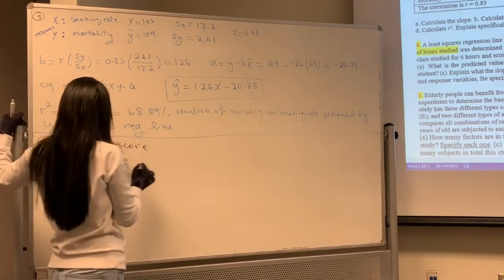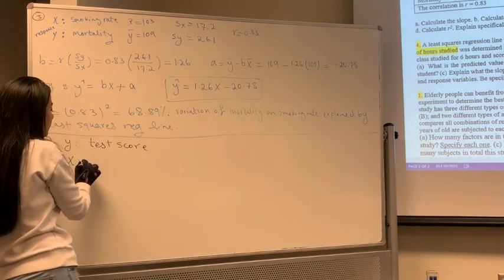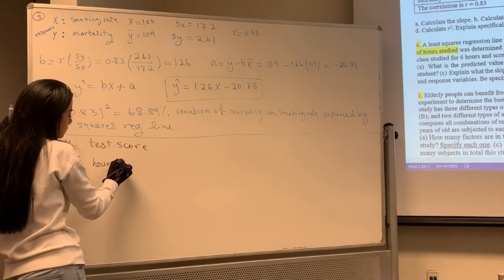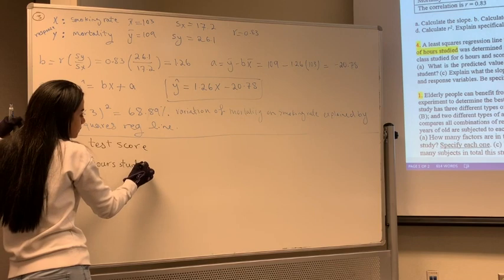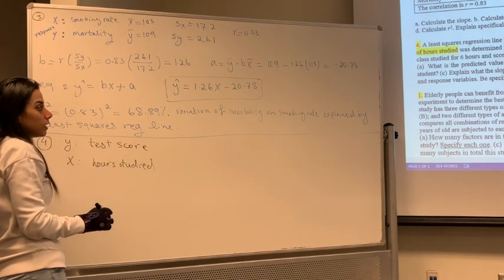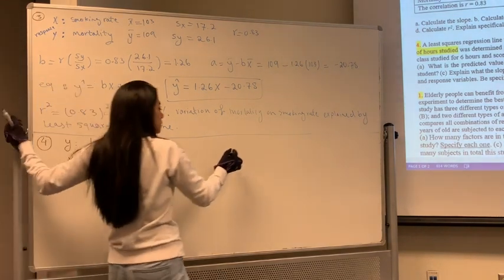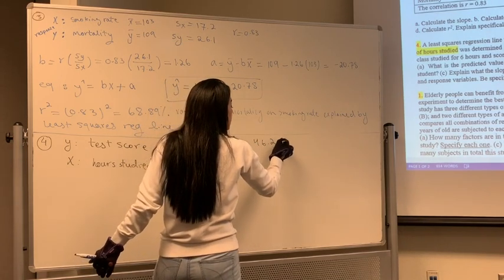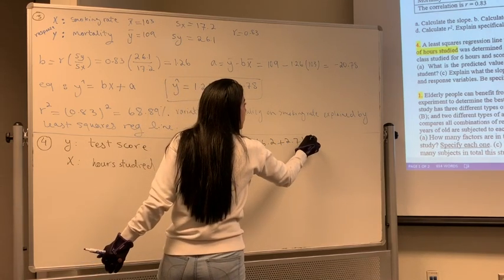And then the explanatory variable is hours studied. It says we have a least squares regression line, y hat equal to 46.2 plus 2.71x.